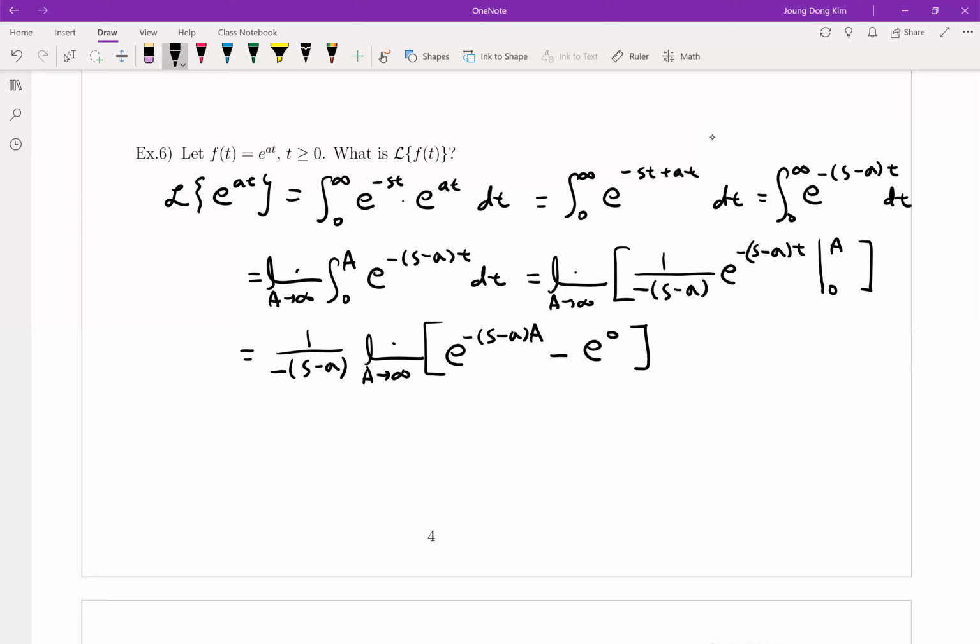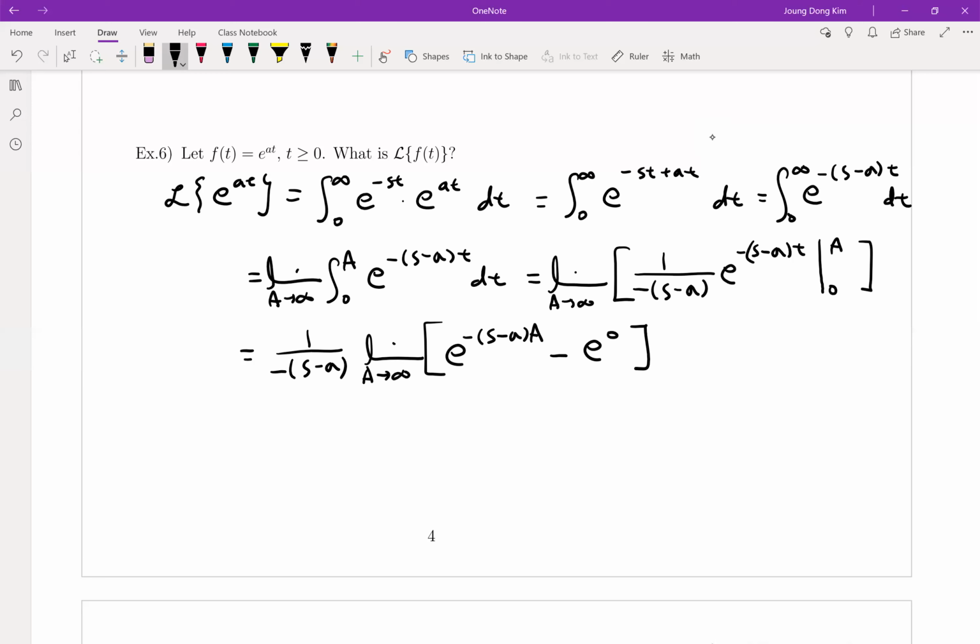Does it make sense? So now it is the same thing, okay? If the power of the exponential function is positive, it will diverge, which means there's no meaning, okay? So we're going to think about the case where minus of (s minus a) is negative. In other words, when s minus a is positive, then this will be e to the minus infinity, which is equal to 0, okay?